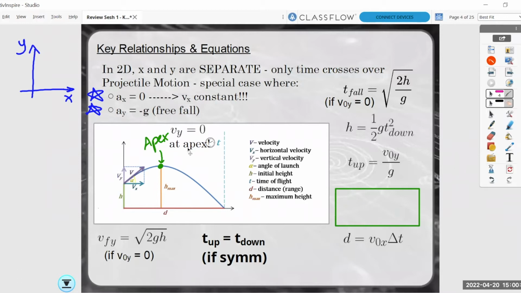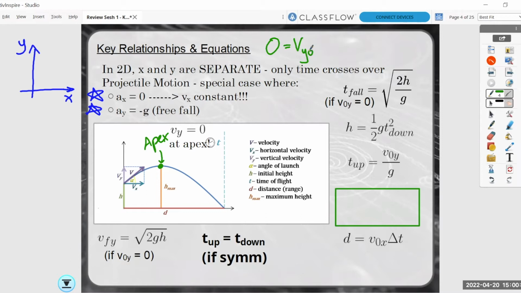Your x velocity will not be 0 because, again, your x velocity never changes. So finding when your y velocity is equal to 0 is really important.